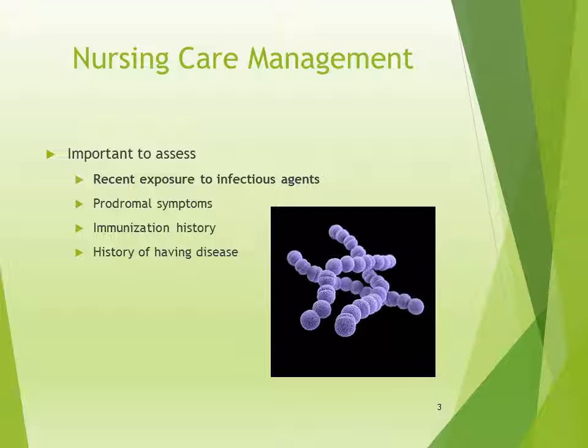That just means the very beginning symptoms before the actual outbreak of lesions or classic symptoms of the disorder present. You also want to know the patient's immunization history, and you want to do a thorough head-to-toe assessment of your overt clinical symptoms.